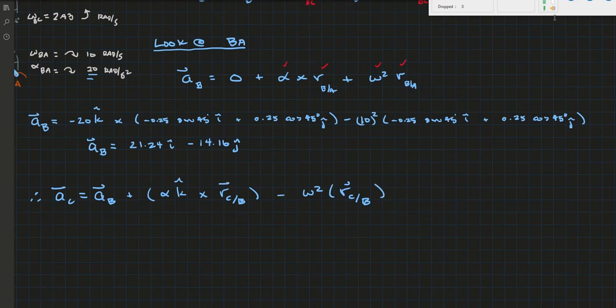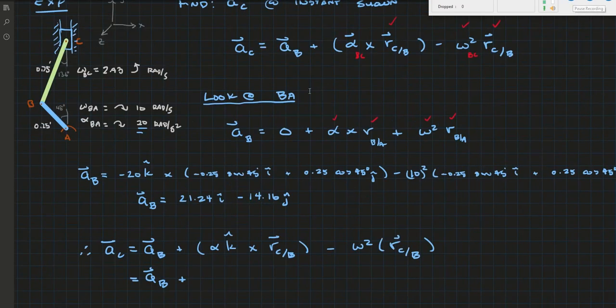And let's get our vectors marked here. So this equals the acceleration of B plus, let me write out r C with respect to B. Now remember, you can take your position vector actually from A, since A is a fixed point.